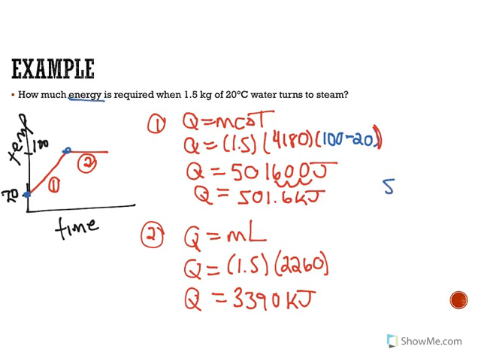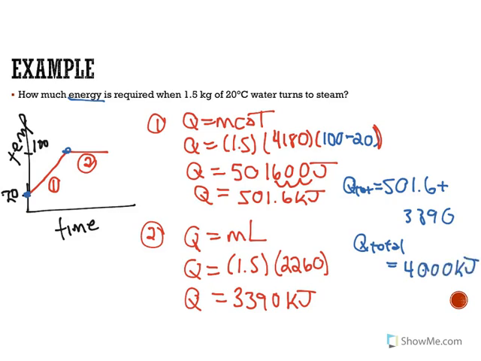So Q total is equal to 501.6 plus 3390. So Q total is going to end up equaling, to one significant figure, 4,000 kilojoules.